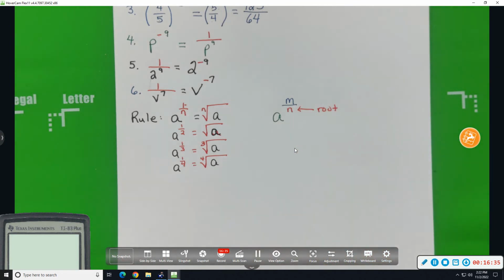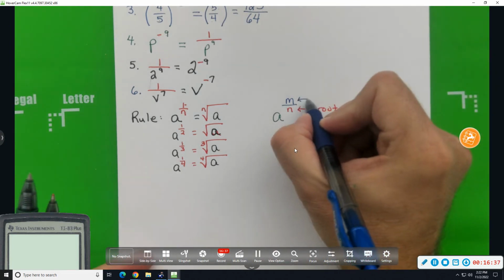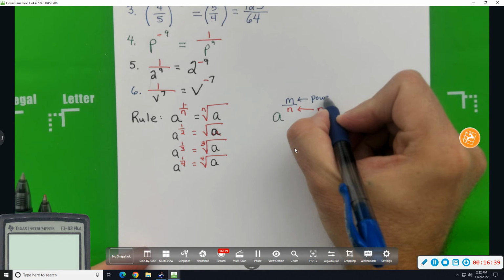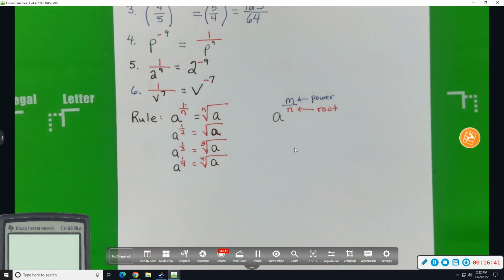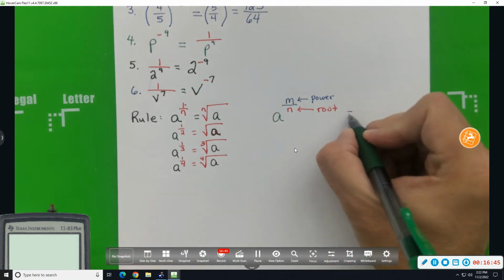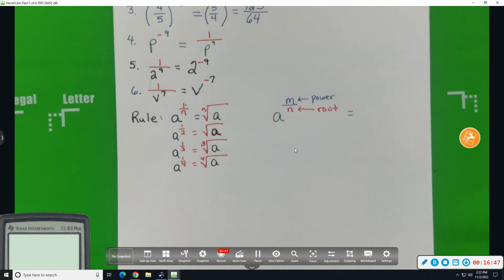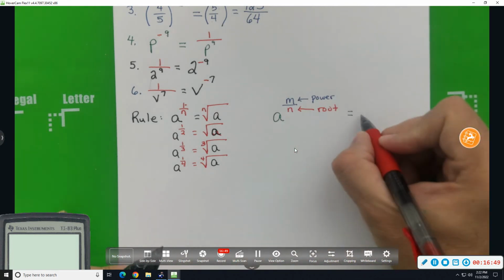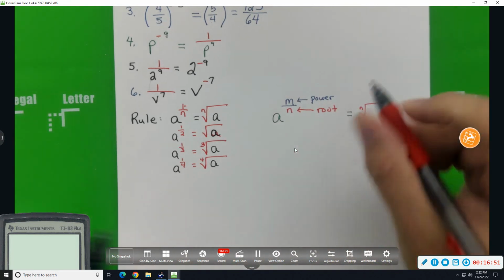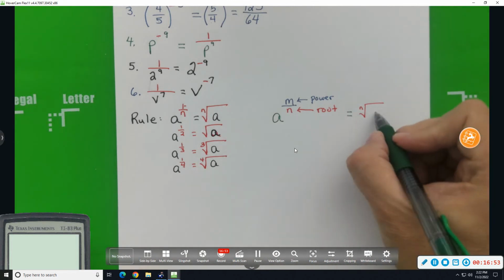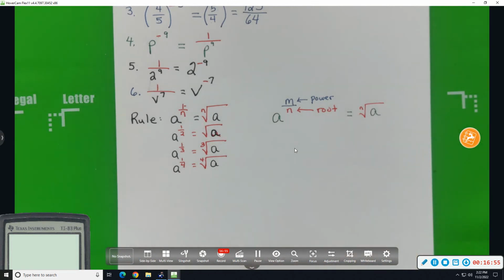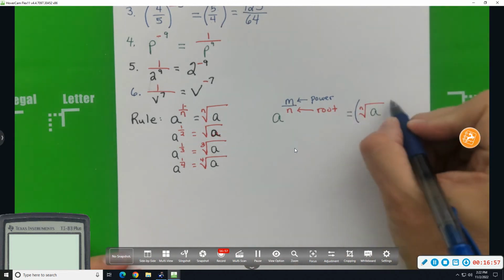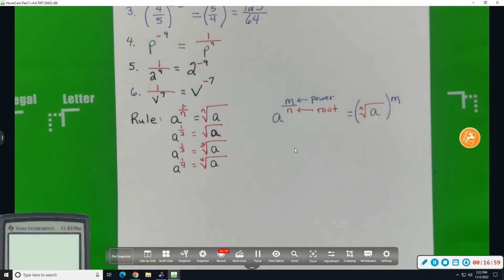The top number is the power. So a to the m over n power, you'd write it like this. It would be the nth root of a, all raised to the m power.